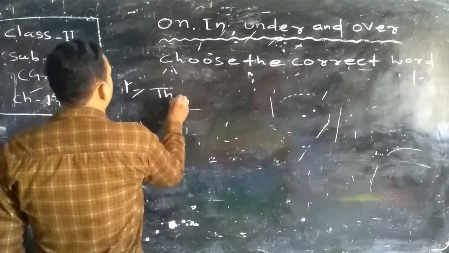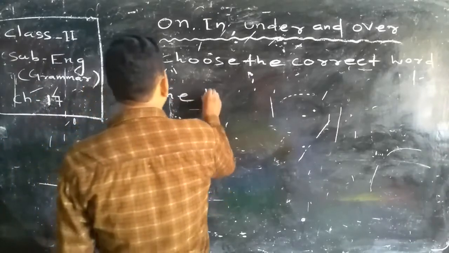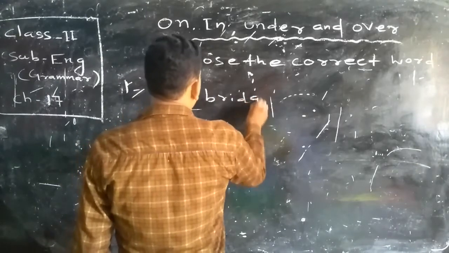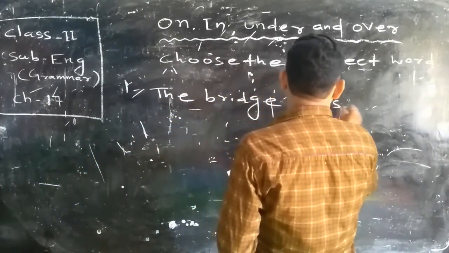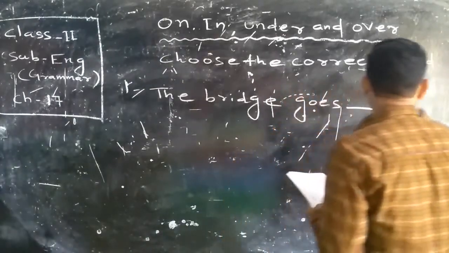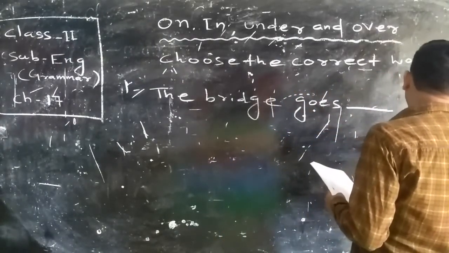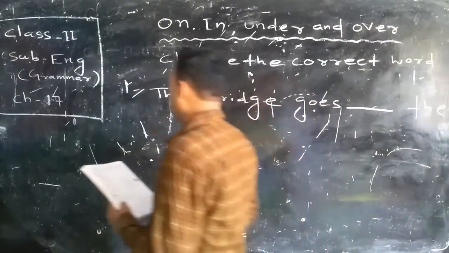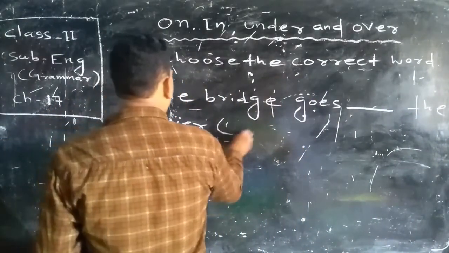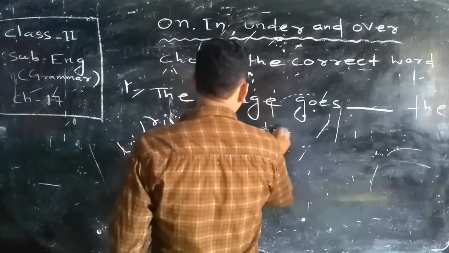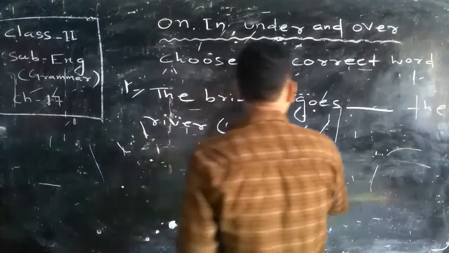So the bridge goes dash the river. Okay. Here two options, under or over.